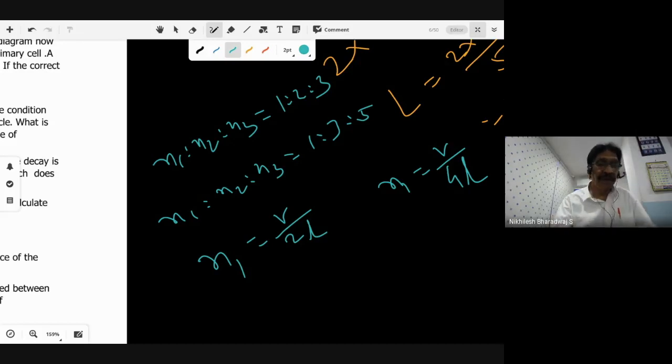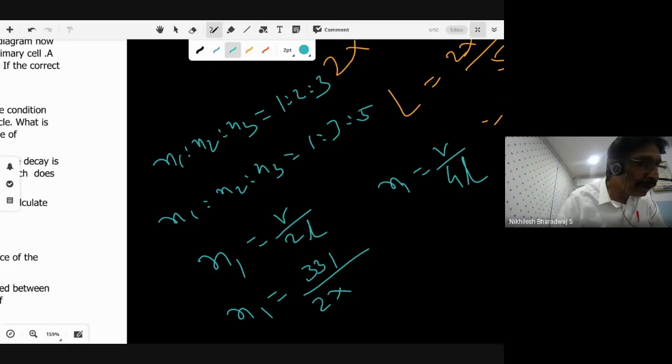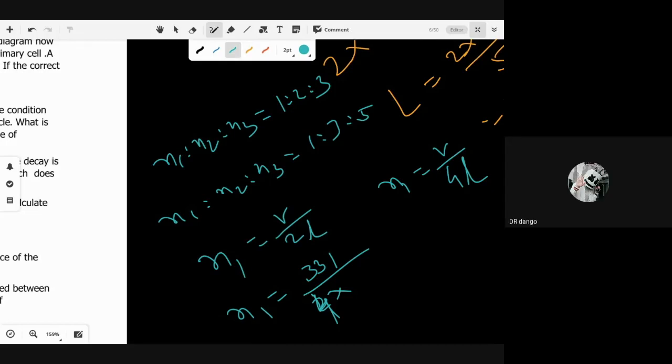So coming back to the problem, N1 is equal to, V is how much? 331 by 2 into L, how much? L, how much? 70. Yeah, it is a closed pipe means it is 4L. So we take 4 into L, what is the L? 70 centimeter. Sir, the sum is open pipe, no, sir.